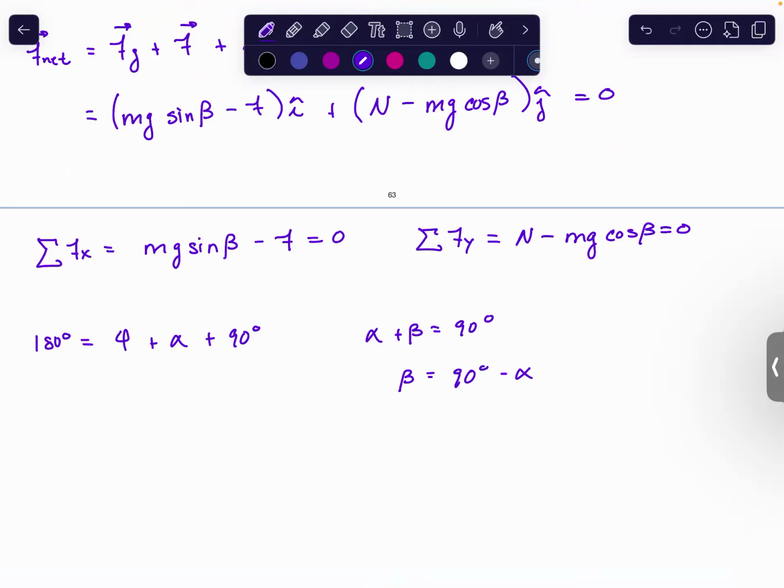Oh, hang on. Let's do that the other way. Alpha is 90 minus beta, which we can then plug in.